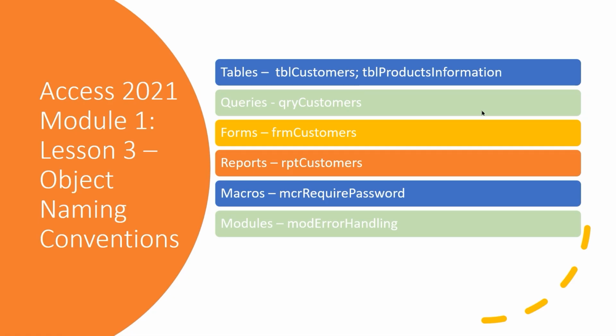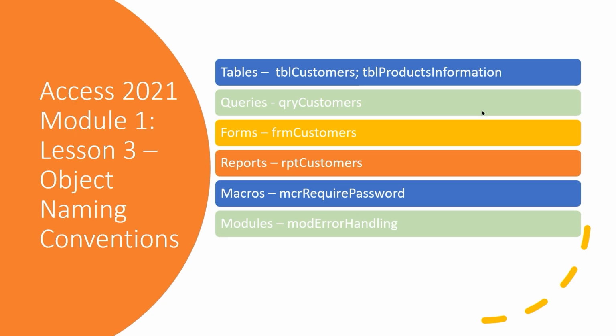So the 3-character prefix for tables is tbl, and typically the table name is plural. So tblCustomers. If it's more than one word, an example would be tblProductsInformation. And notice the words are mushed together with initial capital letters, except for the lowercase prefix.